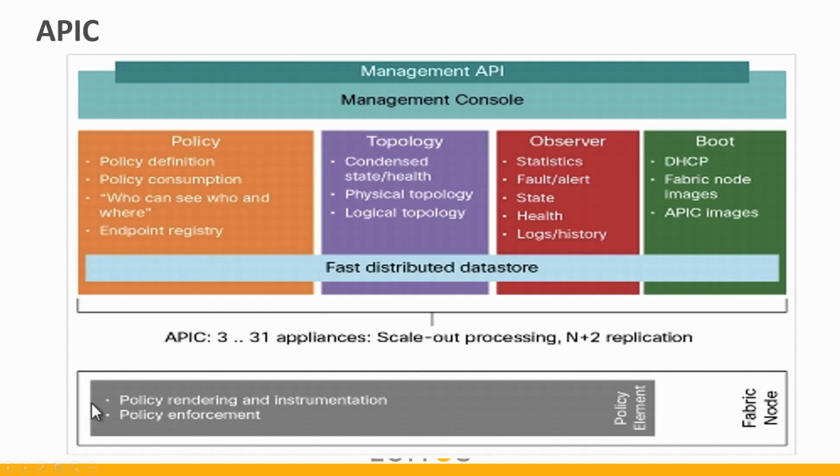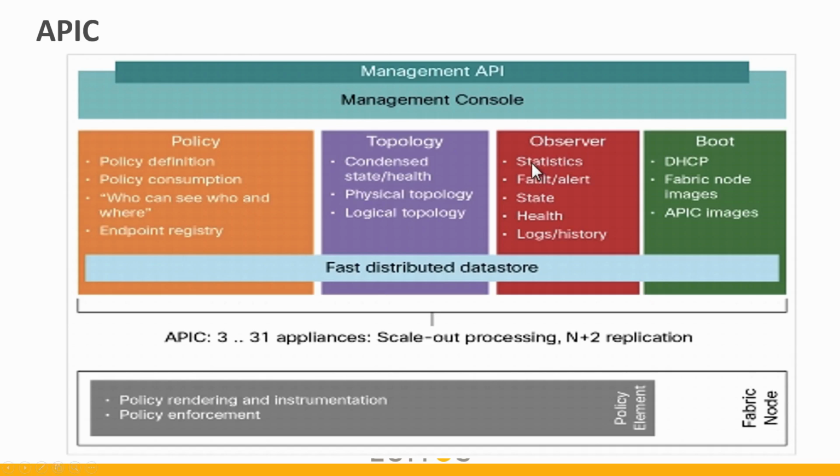Then we have 4 main breakdown framework subcomponents: the policy, the topology, the observer function, and the boot function. The policy obviously defines policy, who consumes the policy, who can see who and where, and a registry of all the endpoints. The topology takes a look at state and health in a condensed single form rather than node by node. It takes a look at the physical topology as well as the logical overlays.